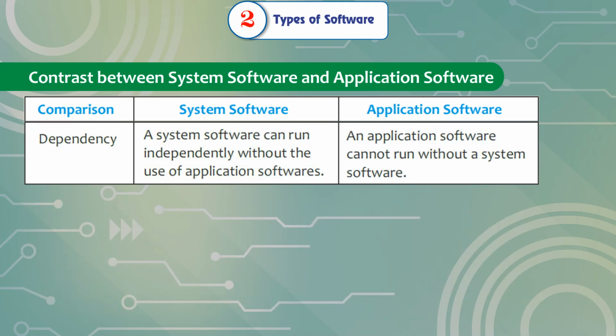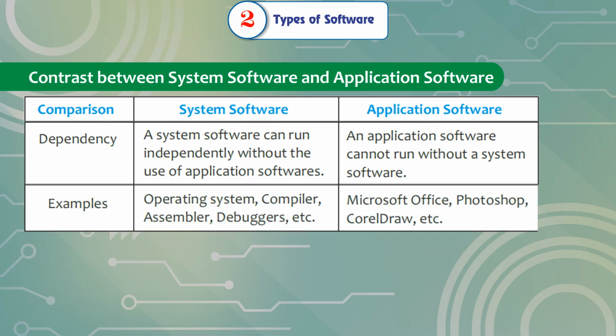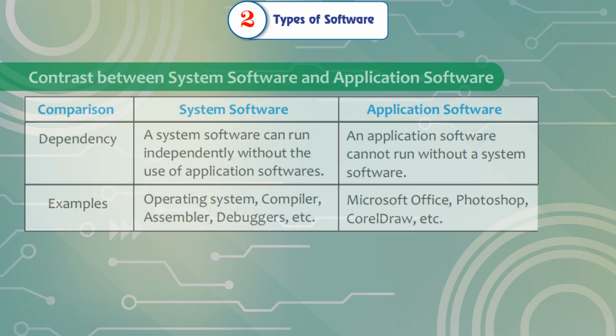Dependency: a system software can run independently without the use of application software. An application software cannot run without a system software. Examples: operating system, compiler, assembler, debuggers, etc. Microsoft Office, Photoshop, CorelDRAW, etc.